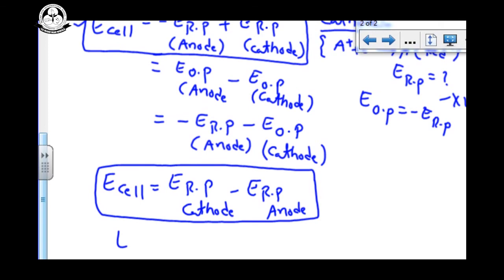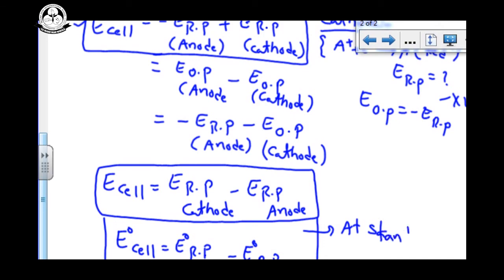The same formula you can write for standard conditions: E naught is equal to E naught reduction potential at cathode minus E naught reduction potential at anode. This is the formula at standard conditions.